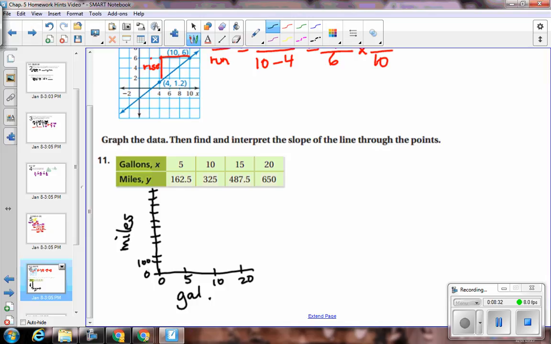I'm not going to take my time to do that, but when I find the slope, what I'm going to do is take y. I'm going to use the point 0, 0, and I'm going to use the point 562.5.